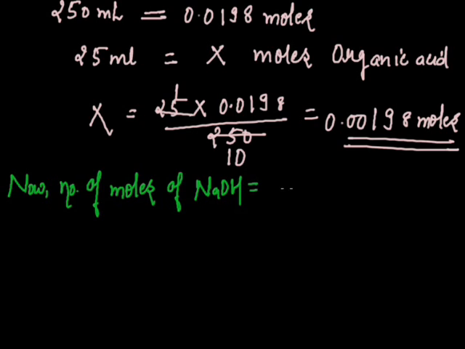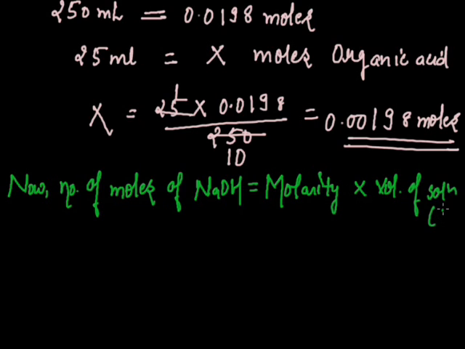Now, the number of moles of NaOH is equal to molarity multiplied by the volume of solution in liters, as 25 ml of the organic acid solution requires 0.1 molar NaOH in 39.7 ml solution.